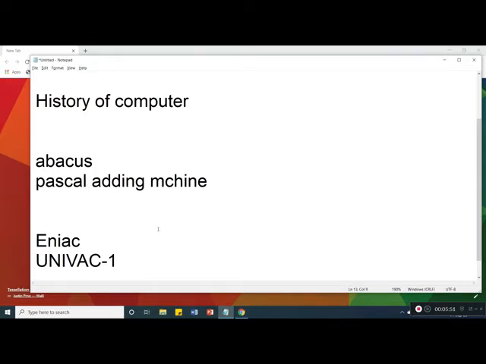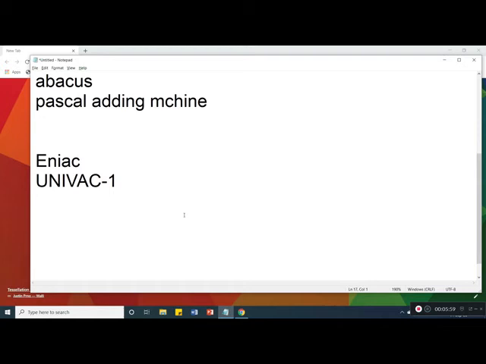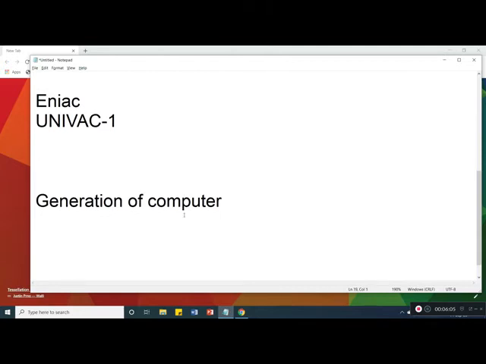Here, there are basically five different generations of computers. The first generation's time period is 1940 to 1956.